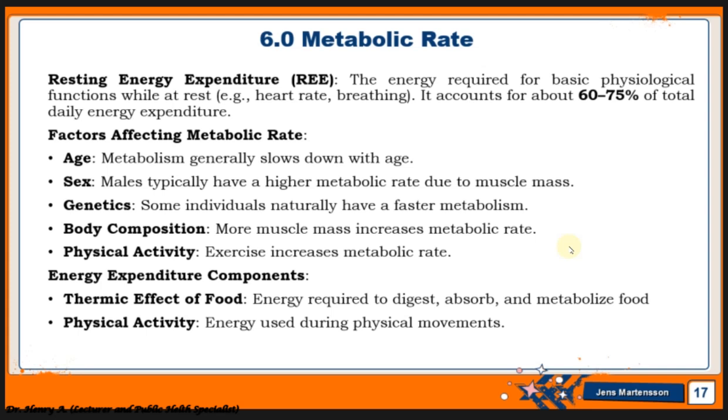How about diet? Let me add diet to the list. This is another key factor that affects metabolic rate, very importantly. Eating a balanced diet that includes all the essential nutrients, particularly protein, can help to boost metabolism. And protein requires more energy to digest than fats or carbohydrates.